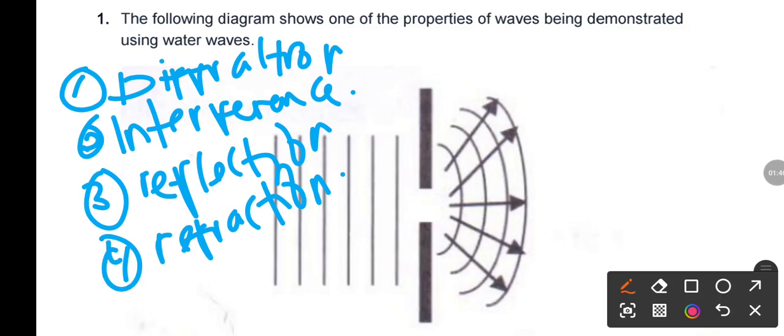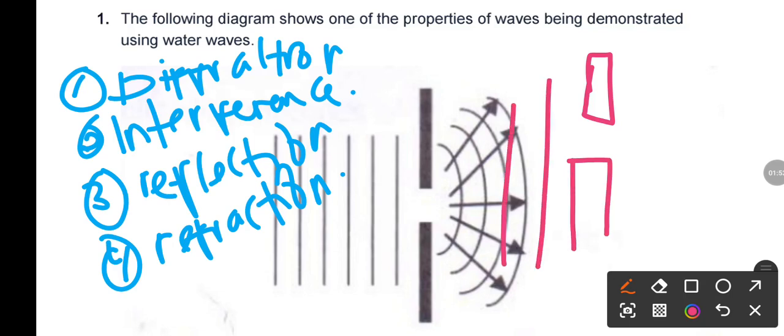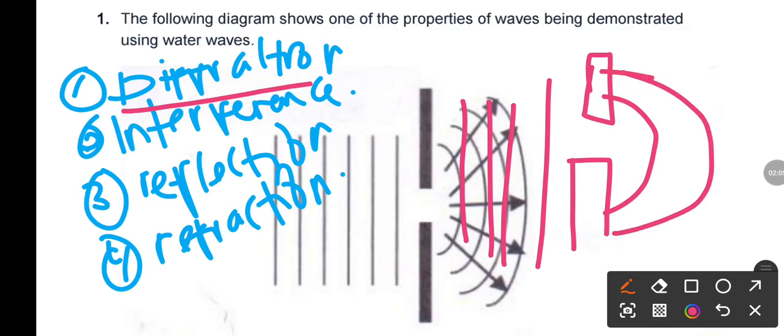Instance number 1, when a wave passes through a narrow gap. So when we have incident wavefronts that pass through a narrow gap, we'll have the phenomenon of wave diffraction taking place, whereby the waves would bend.